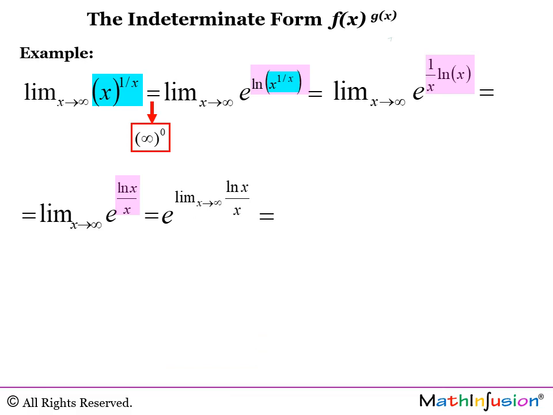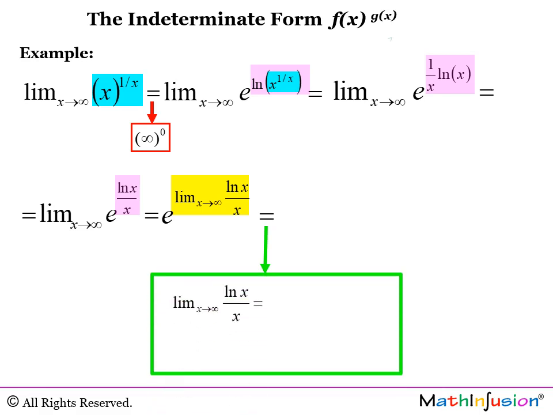And I get that. But this one is pretty easy. ln of x at infinity is infinity, and x is infinity at infinity. So this is just infinity over infinity, and I can go ahead and use L'Hôpital's rule.